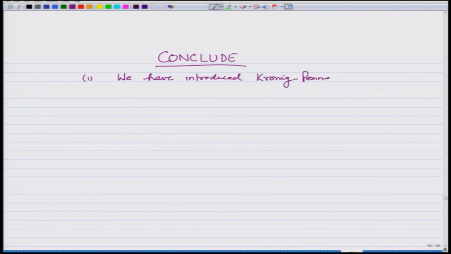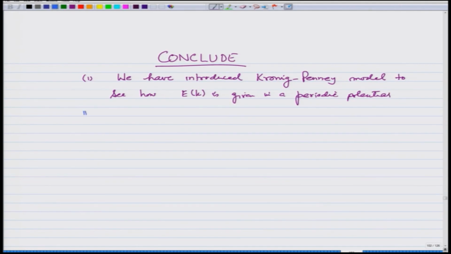So, to conclude this lecture, we have introduced the Kronig-Penney model to see how E(k) is given in a periodic potential.